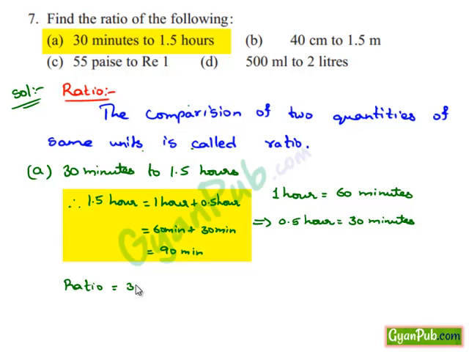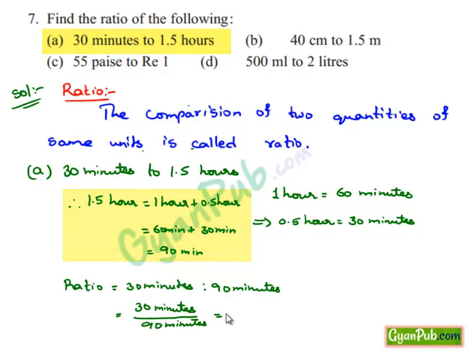Ratio is equal to 30 minutes is to 90 minutes. This can also be written as 30 minutes upon 90 minutes, in which minutes in the numerator and minutes in the denominator get cancelled, and 30 can be written as 1 times 30, and 90 can be written as 30 times 3, which gives 1 upon 3, since 30 in the numerator and 30 in the denominator get cancelled.